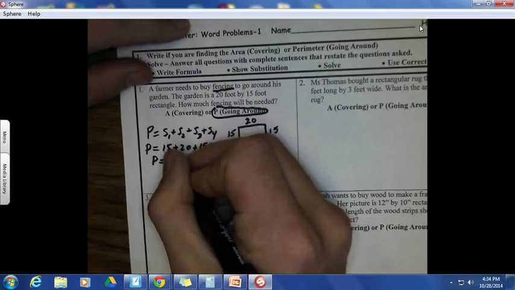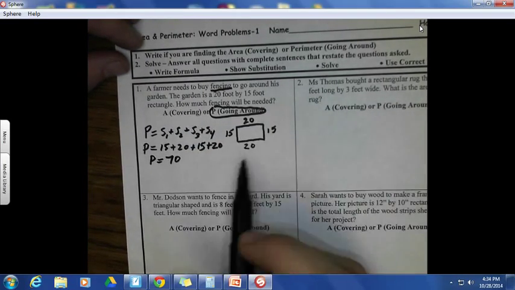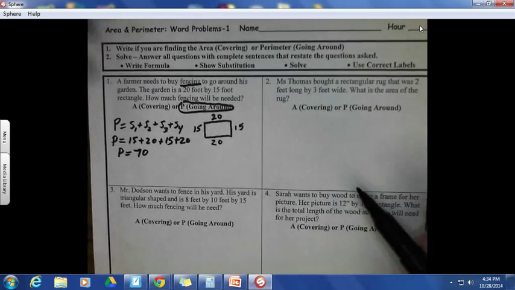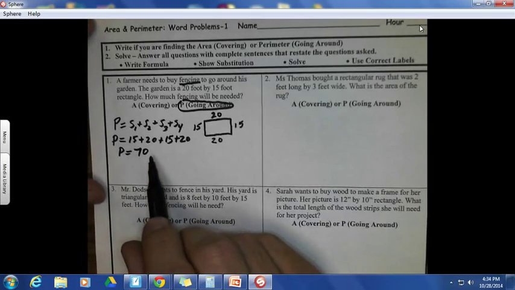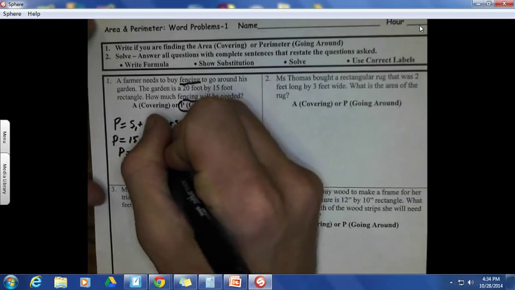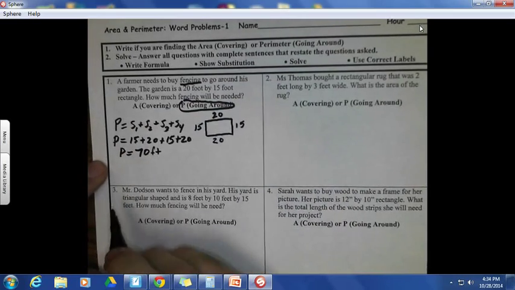Perimeter equals 70. So I've written the formula, I've shown my substitution, I've solved. Now I need to use the correct label. And remember, when we're doing perimeter, we just need the label feet. Okay? We are not multiplying, so we don't need square feet. Just 70 feet worth of fence.